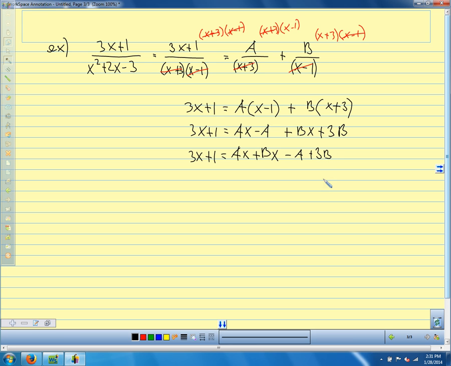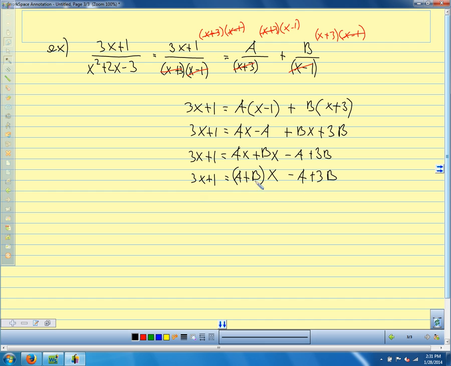Once you do these a few times, you can combine some steps together. I'm going to factor out the x here. So this is A plus B times x, minus A plus 3B.